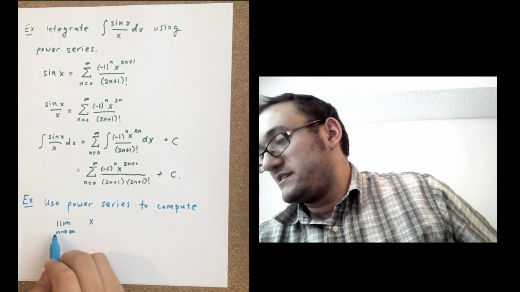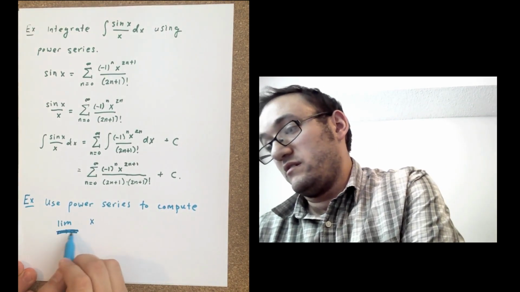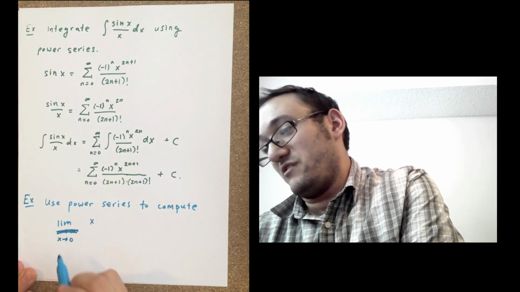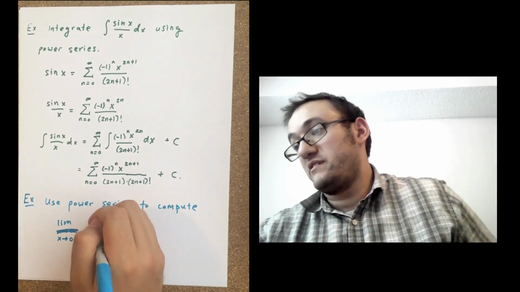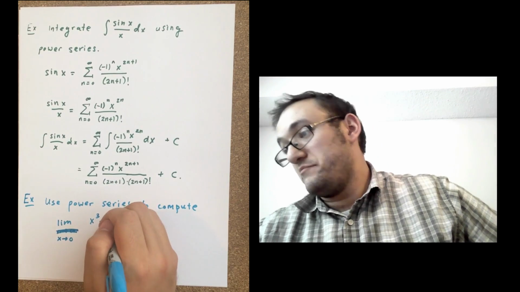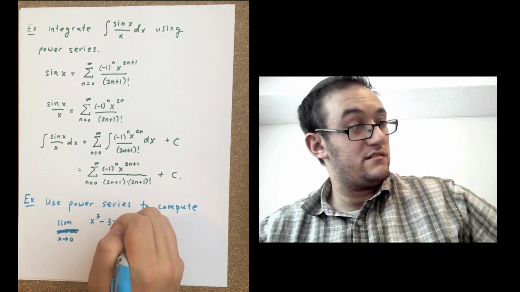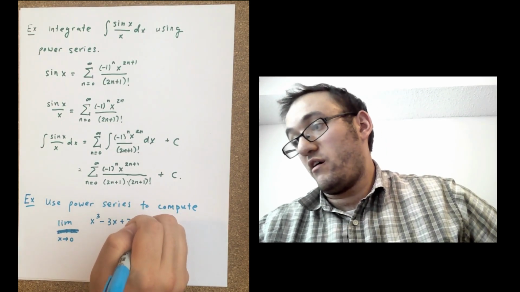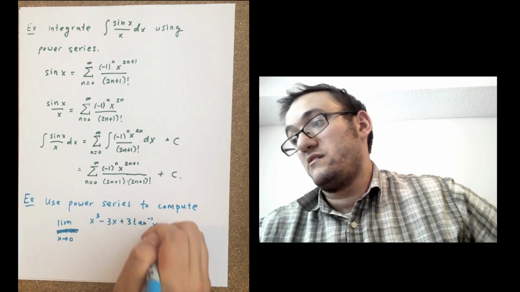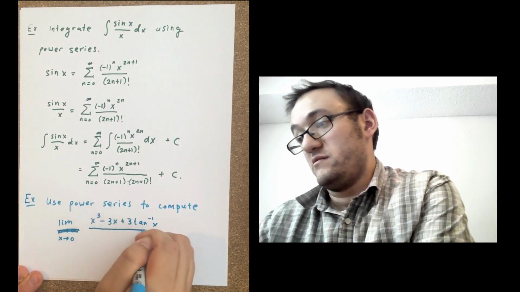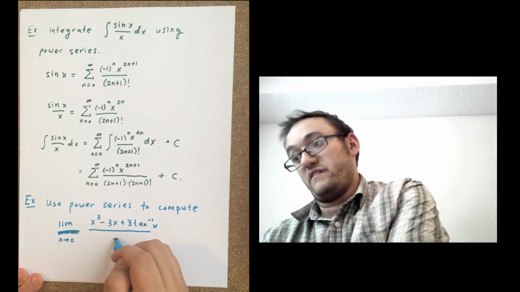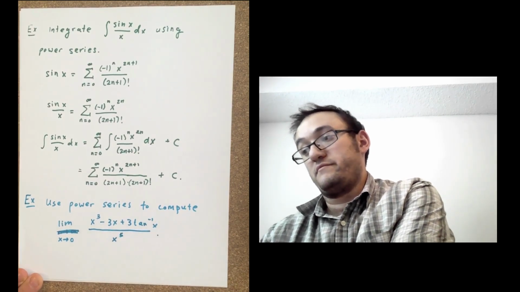Apologies, this really should be the limit as x goes to 0 of (x cubed minus 3x plus 3 arctangent of x) divided by x to the 5th. Okay.